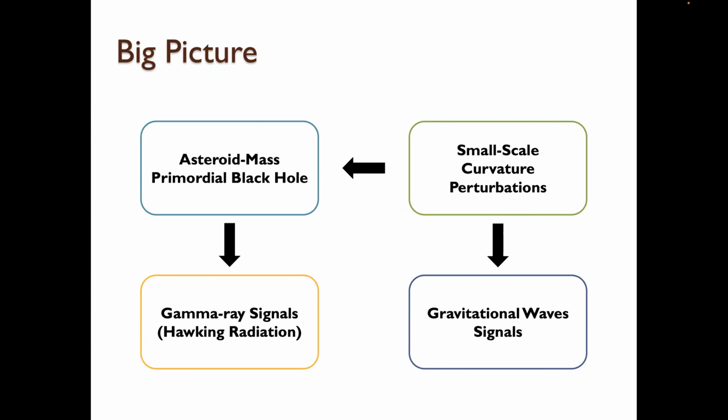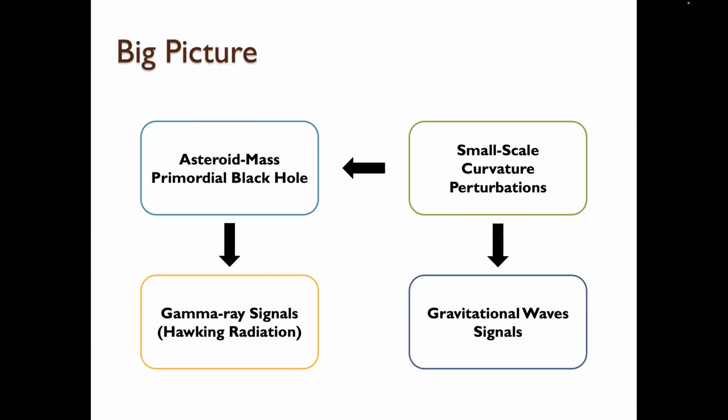One comment here is that I assume the asteroid-mass primordial black hole originated from these small-scale curvature perturbations, but it can be some other production mechanism. A lot of production mechanisms also have a companion gravitational wave signal. So it doesn't need to be small-scale curvature perturbations, but it can be any mechanism that also gives gravitational wave signals.